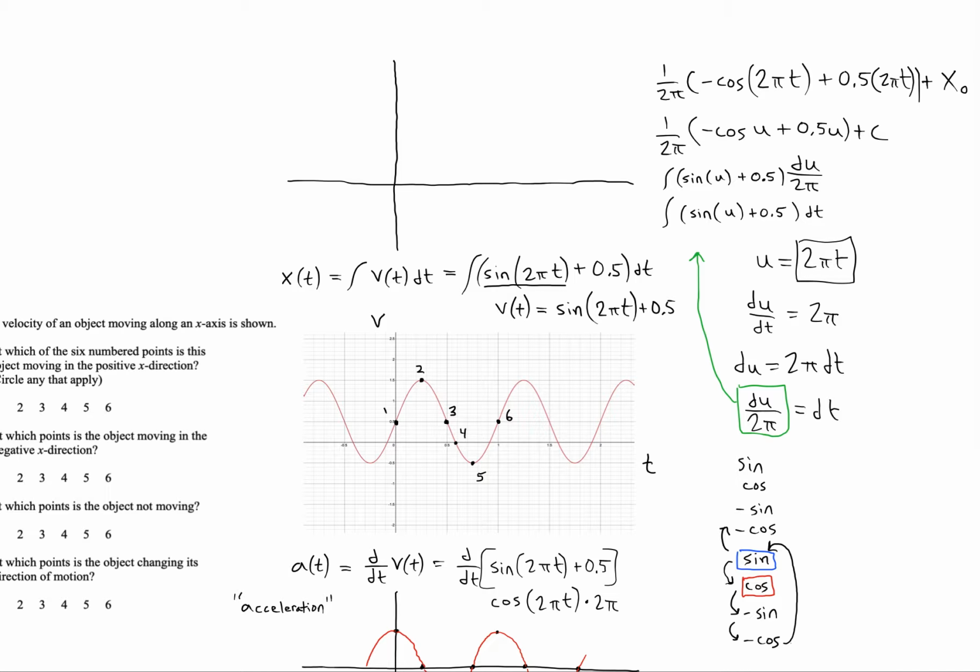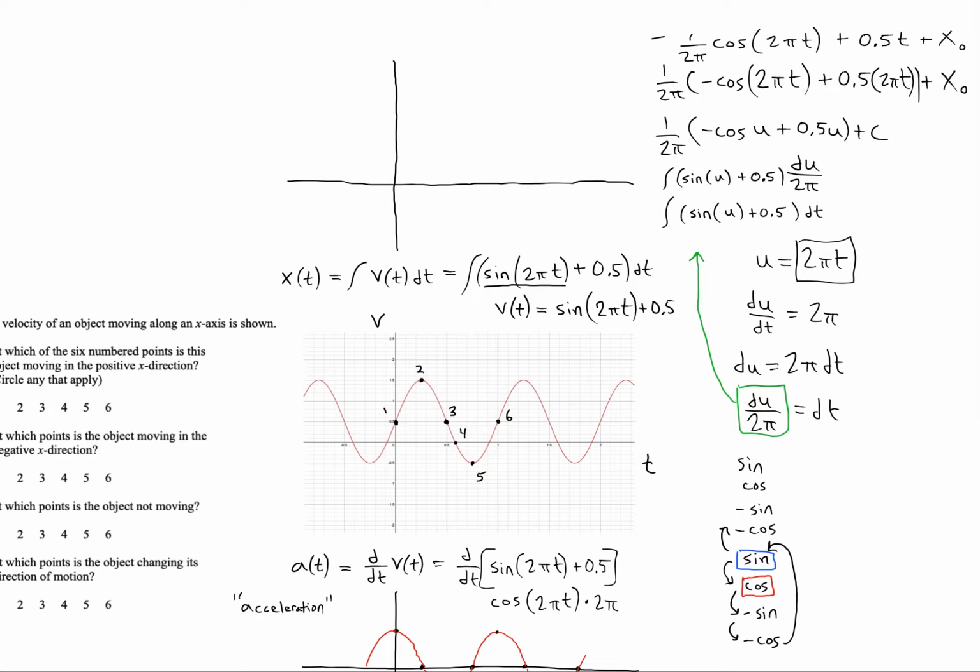Alright, so if we distribute, we will have negative 1 over 2 pi cosine 2 pi t plus 0.5t, which is exactly what we wanted, and then plus some initial position.